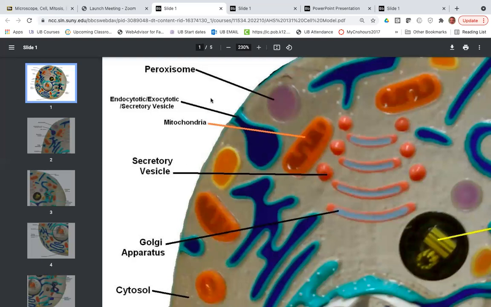This vesicle started out as a secretory vessel, but the fact that it moved towards the cell membrane wall makes it either exocytosis or endocytosis. Unless I tell you it's releasing something from the cell, that would tell you exocytosis. If I said it's bringing something into the cell, then it's endocytosis.